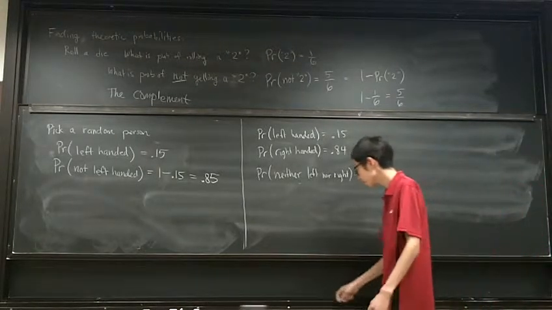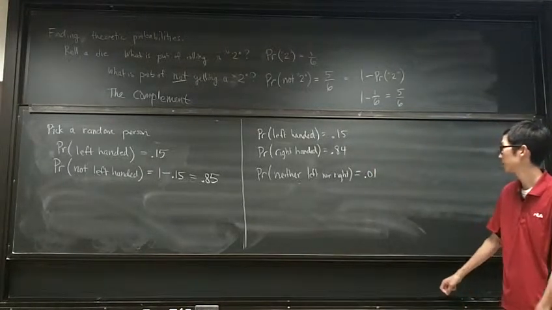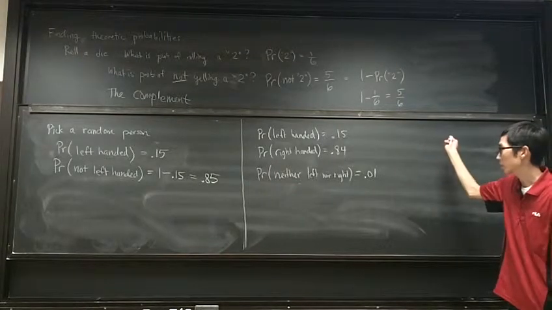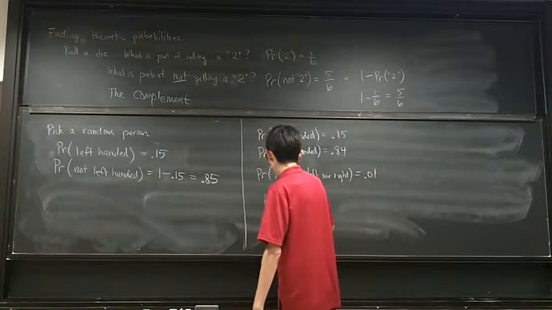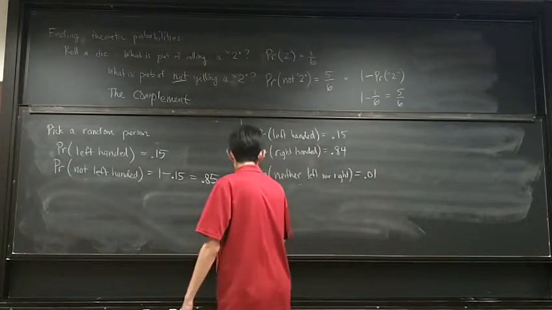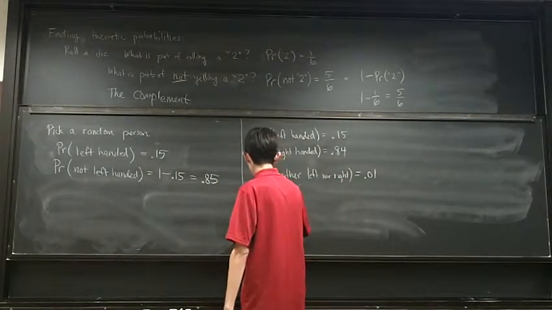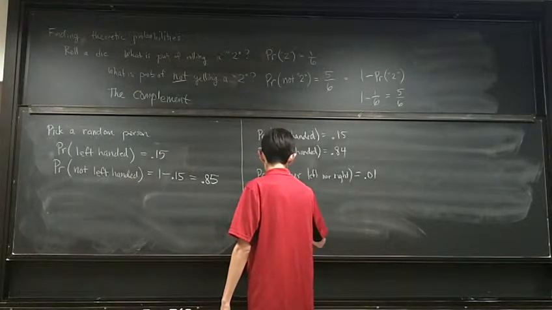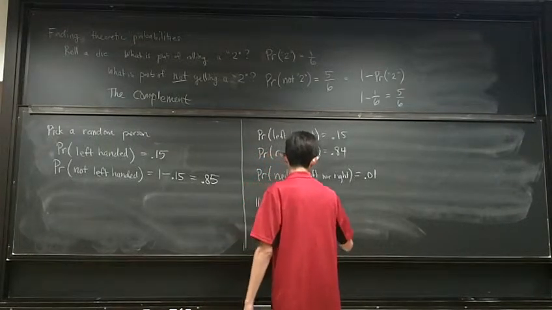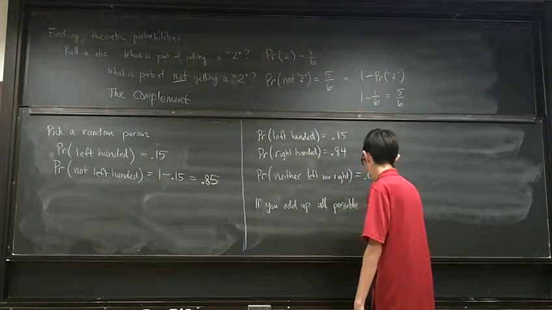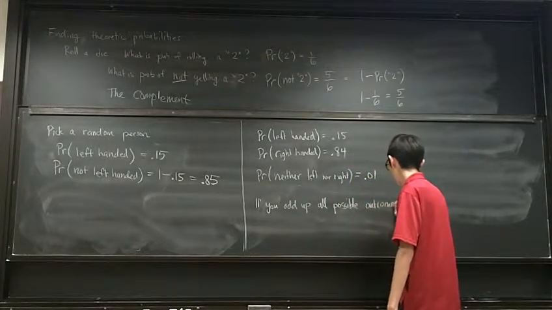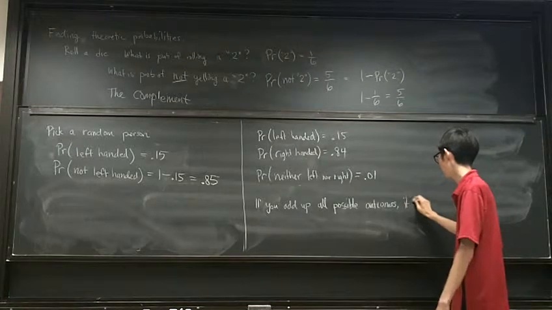So that's it. Everything must add up to 1. If you add up all possible outcomes, it must add to 1.